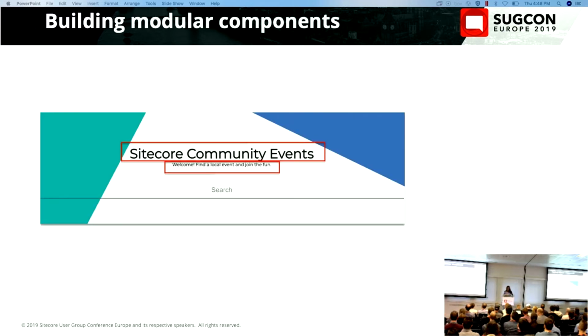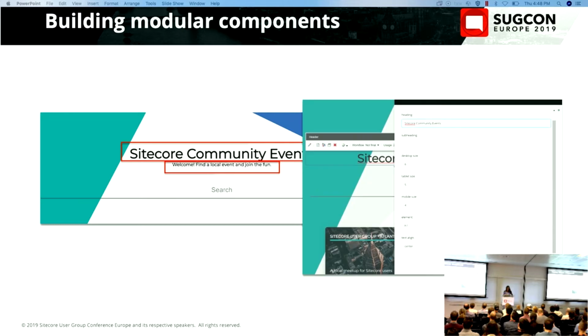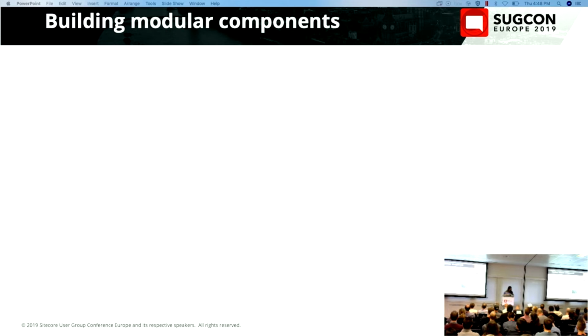I used it for this header component. What it looks like from the experience editor is like this. There are fields for the content author to make some changes. There are different sizes that the headers can be for mobile, desktop, and tablet.